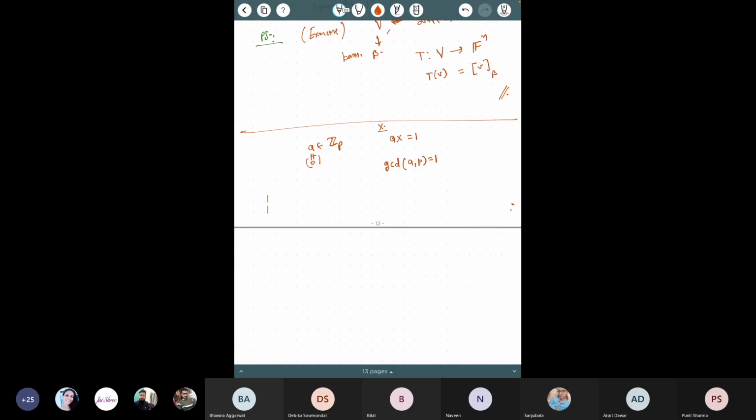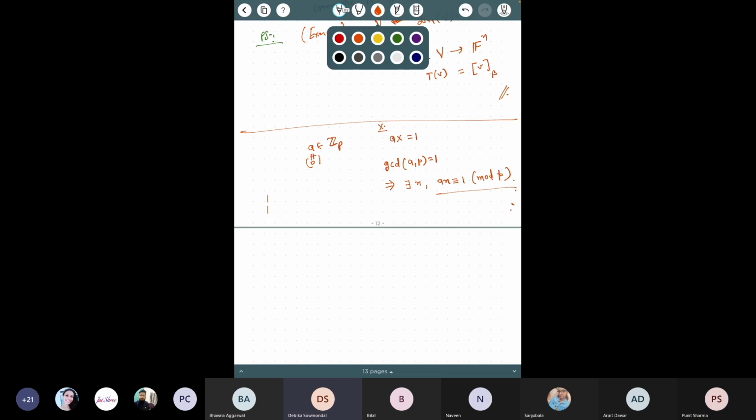Right? Because p is prime. Yes. Now from here, you can say that there exists x such that ax is equal to 1 mod p. You just use this modulo operation and you will find this. Just think about it. This is very straightforward.